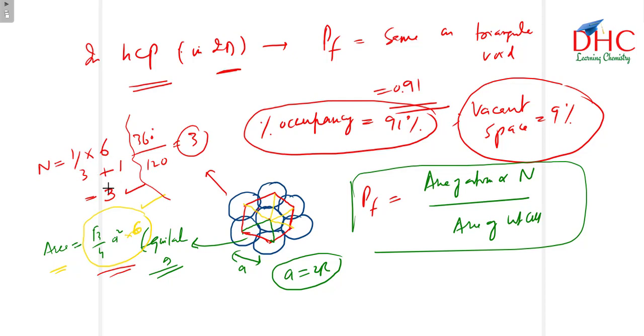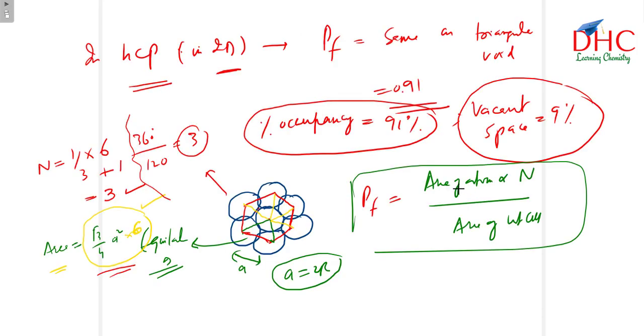Multiply 6 plus इसमें एक और स्फीयर है that's at the center. ये वाला स्फीयर ये फुली कंट्रीब्यूट करता है per unit cell का. This is 1. So 3 1s are 3, 2 2s are, 2 + 1 is 3. That's here 3. Number of particles और number of atoms in this unit cell is equal to 3 and area is this. Put the value here, you will get the packing fraction.